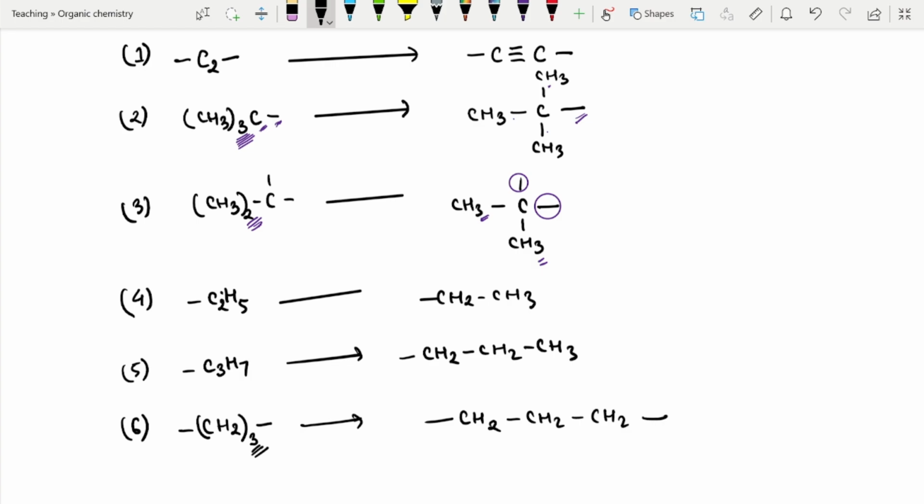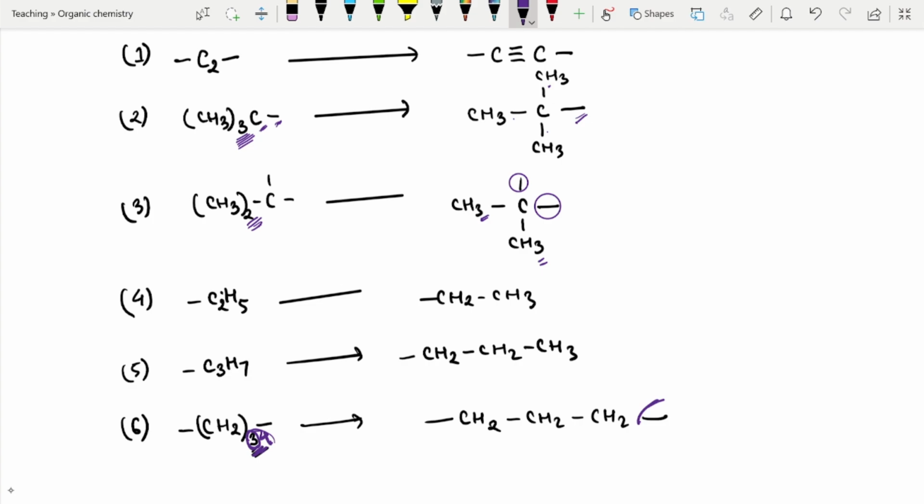If instead of 3, there would be 4, then we will add 4 methylene in here. It depends on the number given here. So these are the rules of splitting.